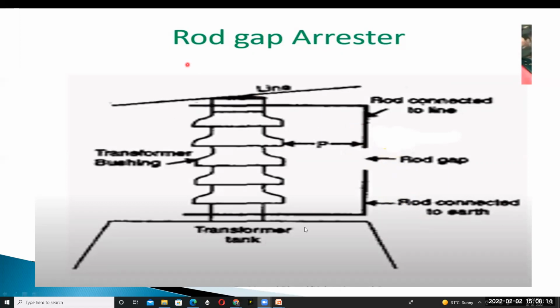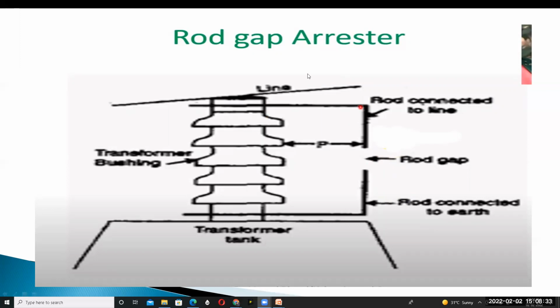This is the transformer tank. On the transformer tank, there are transformer bushings. To protect the transformer bushings, we need rod gap arrestors for lightning protection. Here we have to maintain some distance.